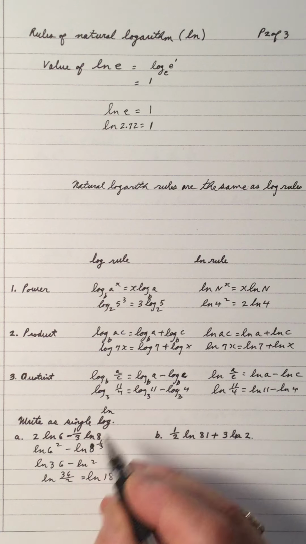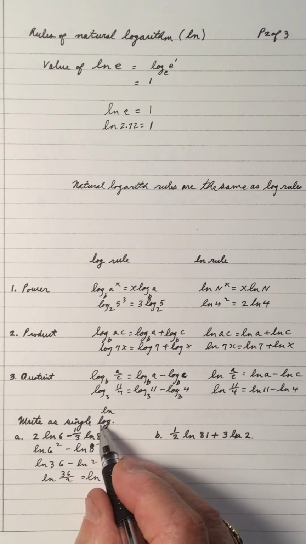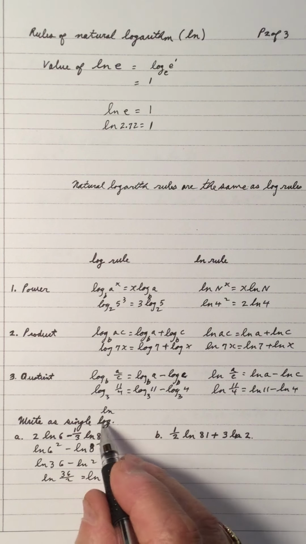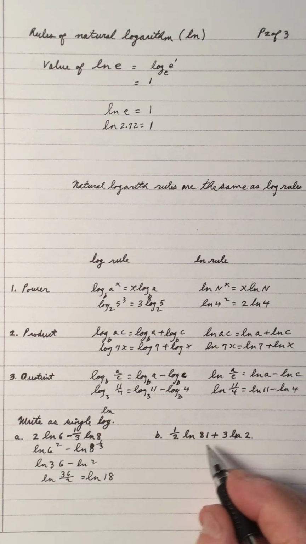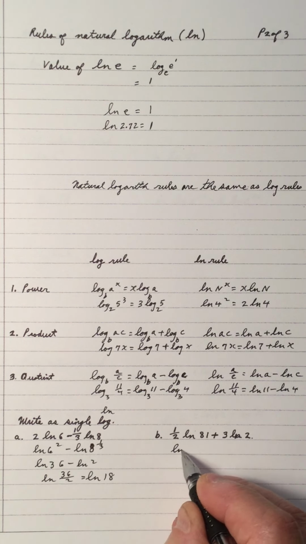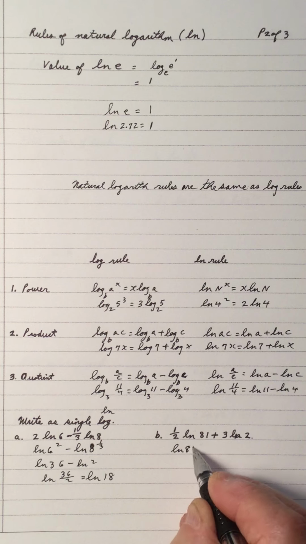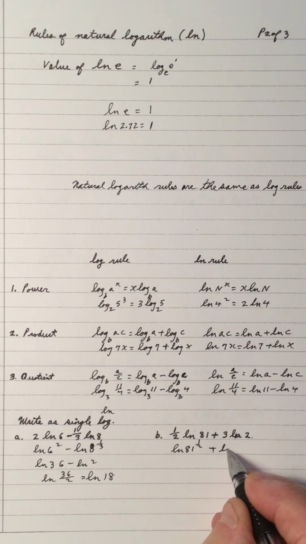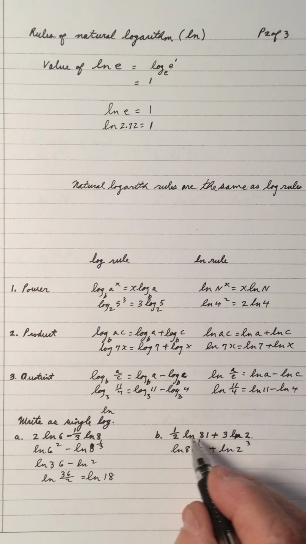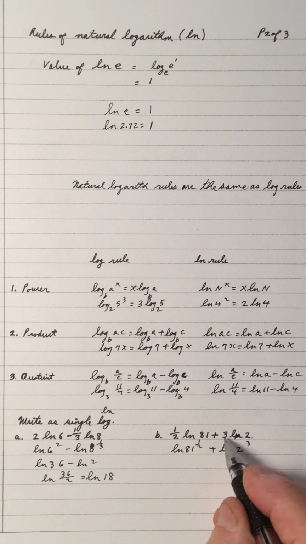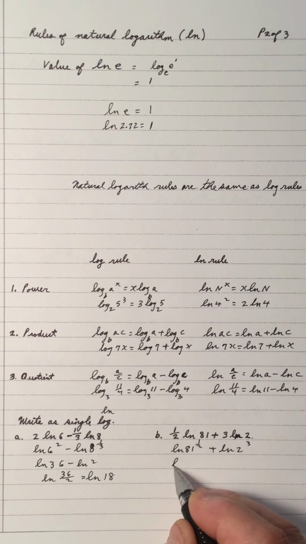Again, some books could put ln here, but because you have ln, they're assuming that you're working with the log rules. And another one: ln of 81 to the 1/2, half goes to the power, plus ln of 2 cubed. So the half goes to the power of 81, 3 goes to the power of 2.